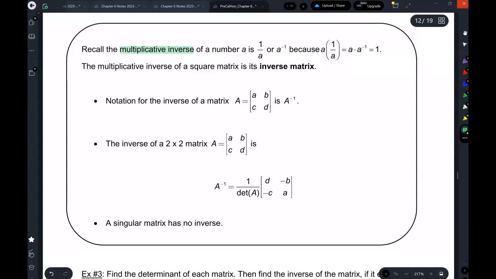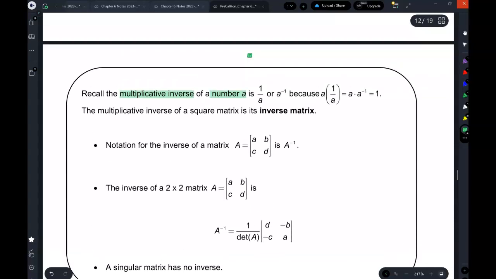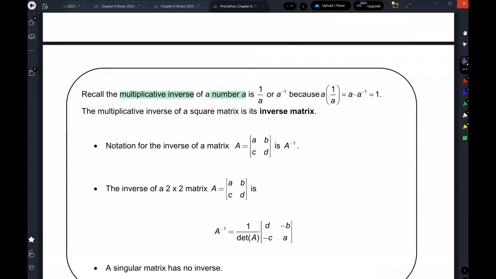This term, the multiplicative inverse of a number A is 1 over A. So for example, if I have the number 3, the multiplicative inverse is 1 over 3. Basically, it's the number that you can multiply 3 by to get a 1.